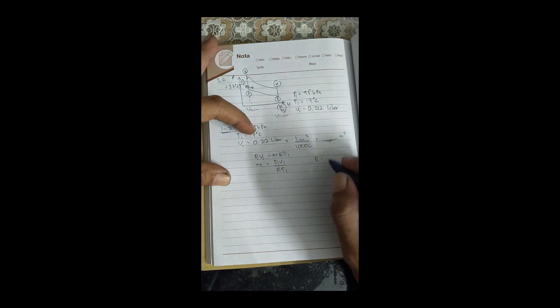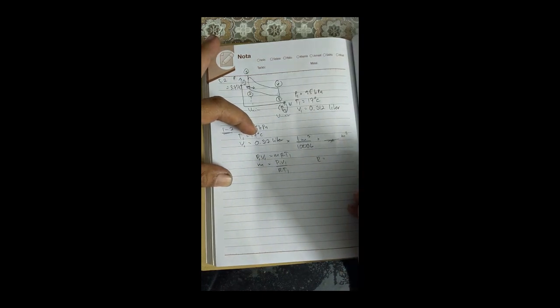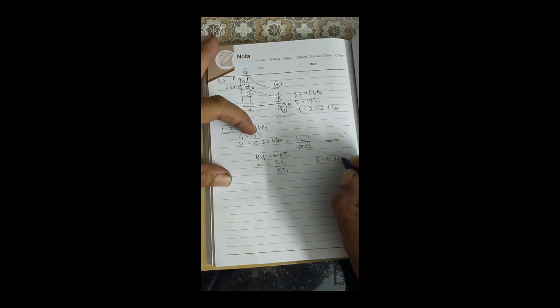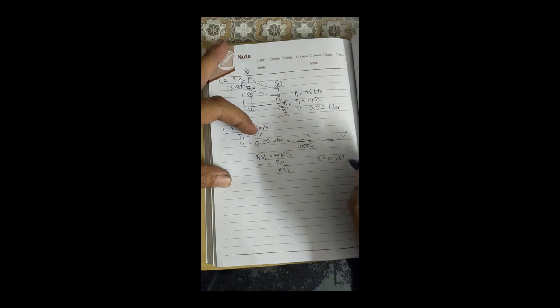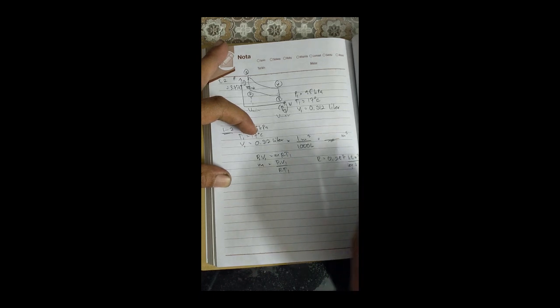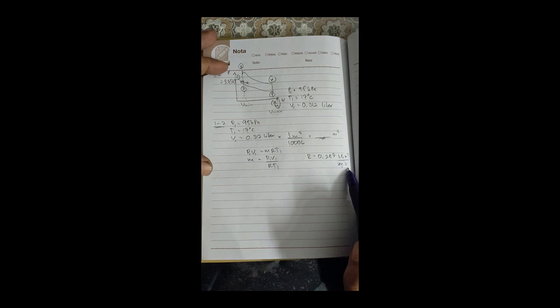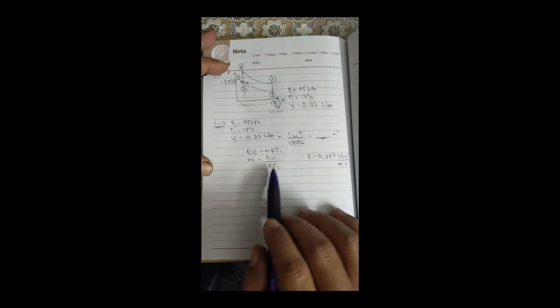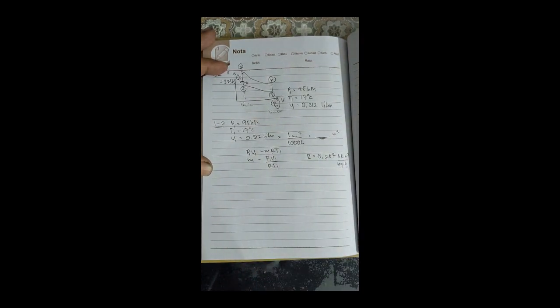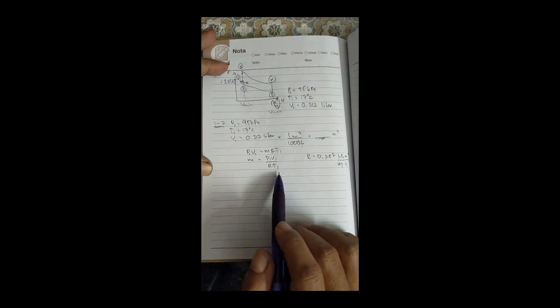You can check at room temperature, you get around 0.287 kPa meter cube per kg Kelvin. Here it is Kelvin, so we need to convert your temperature from Celsius into Kelvin.